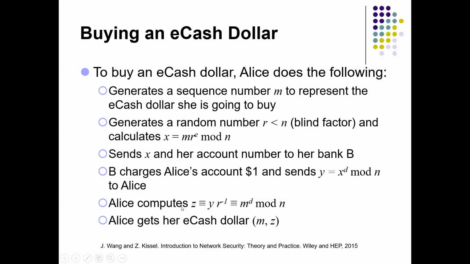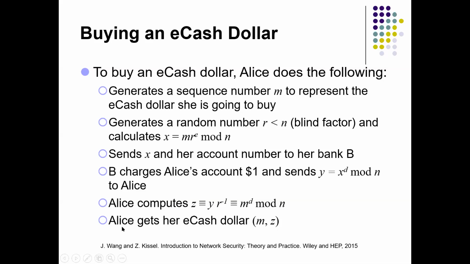But then Alice needs to remove this R from Y. So what she does is multiply the inverse of R with Y. This is equivalent to removing R. What she gets is M to the D's power mod N. So the sequence number now has the bank's endorsement because the bank B signed it.